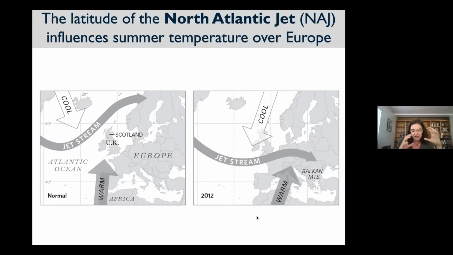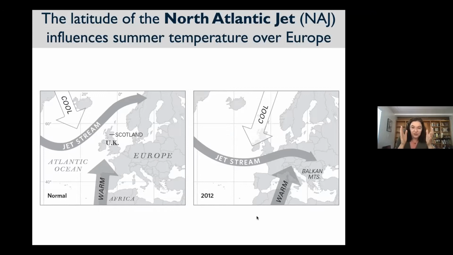But so it's the position, the latitude of the jet stream, that is creating that temperature dipole that we've been seeing in the tree rings and in instrumental temperature data. So our target of reconstruction, I should maybe mention that here, is the position of the jet stream.